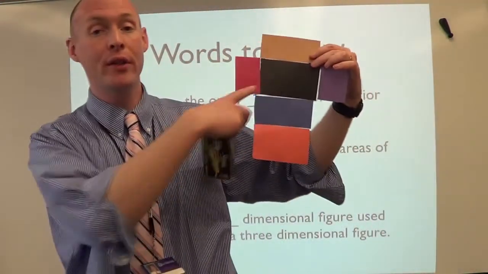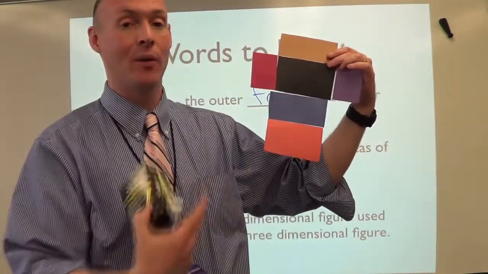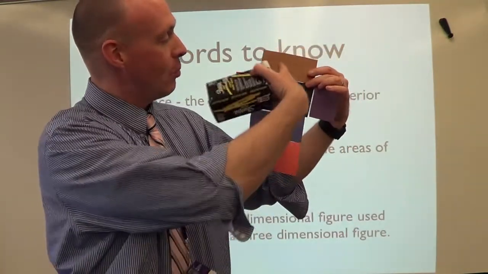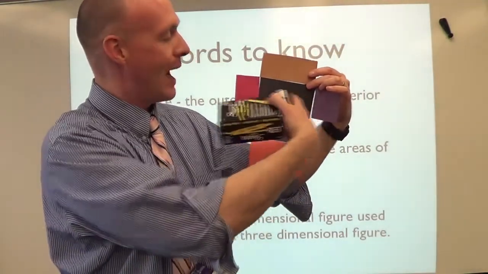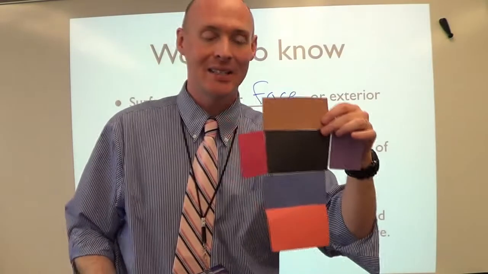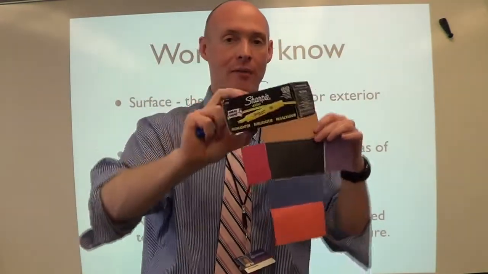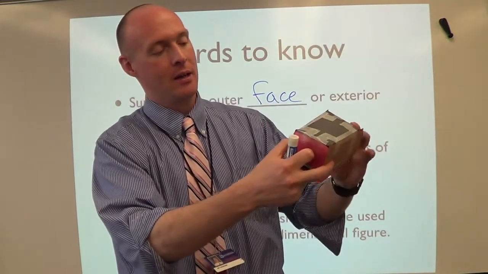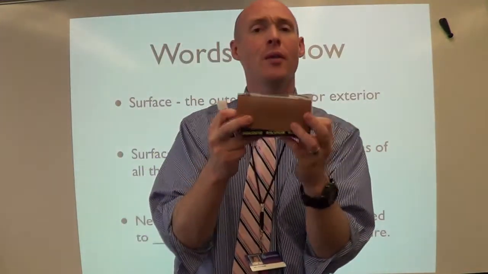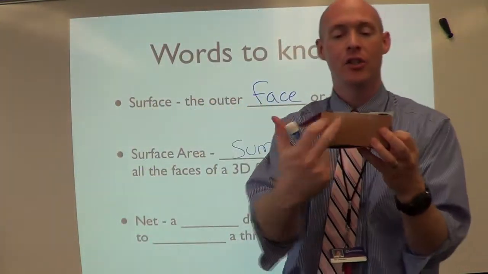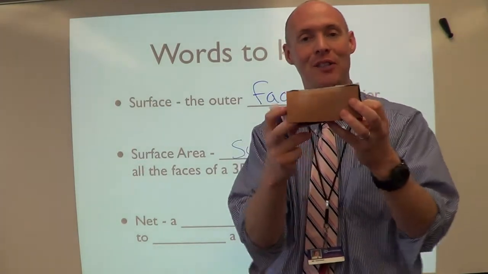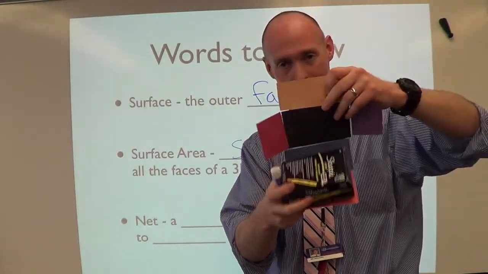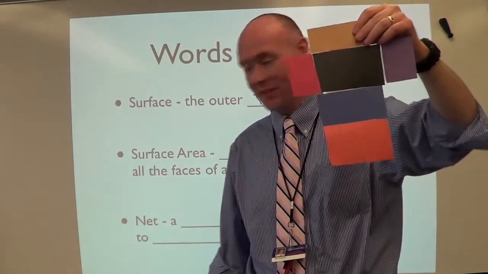Here are all the different sides of a rectangular prism. You can see 1, 2, 3, 4, 5, 6. In this case, there are 6 sides. Here's the box that it was covering. I could just put it right back on, and boom. So the surface area is shown here, where it's all the different sides, but if I peel it off, you can see that it's actually 6 sides.